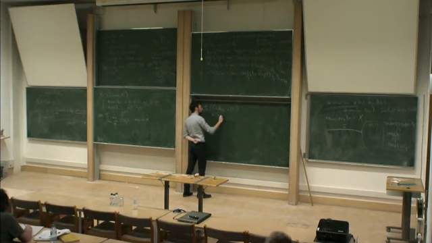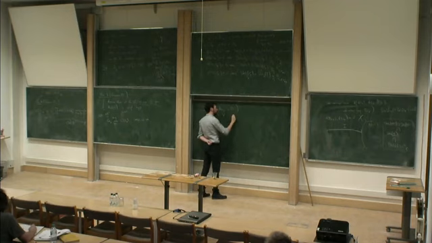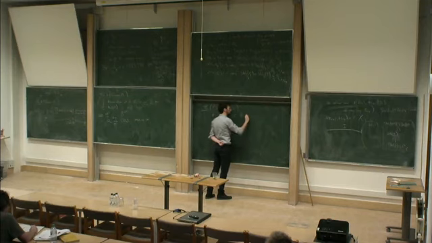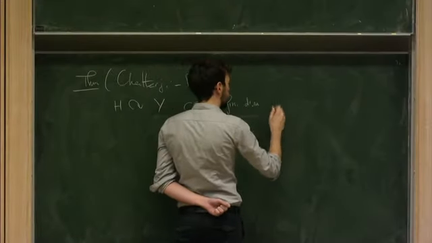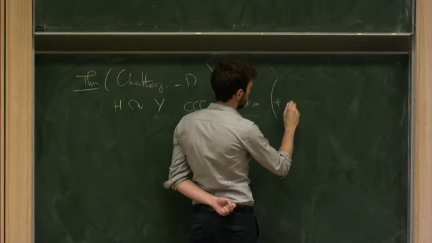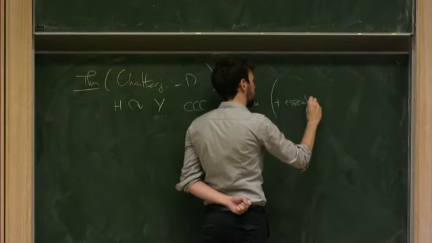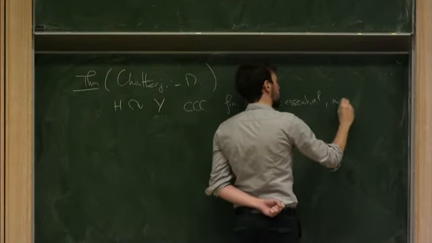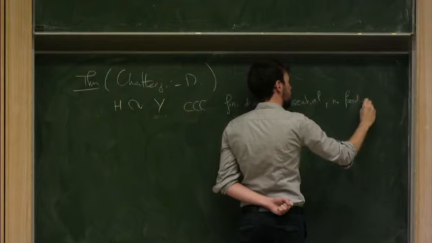H acting on a CAT(0) cube complex Y, which is finite dimensional, and the action is as well. It's a Caprace-Sageev action, so essential and no fixed point at infinity.